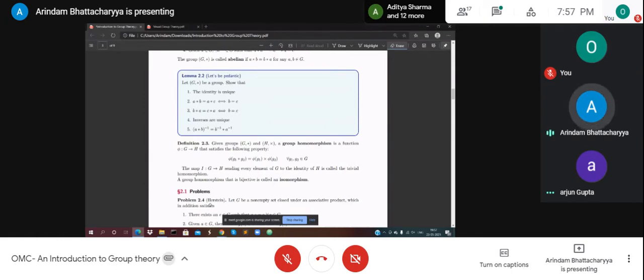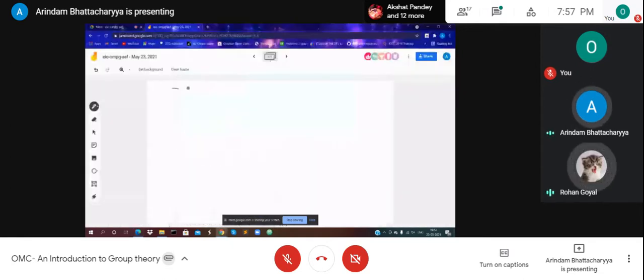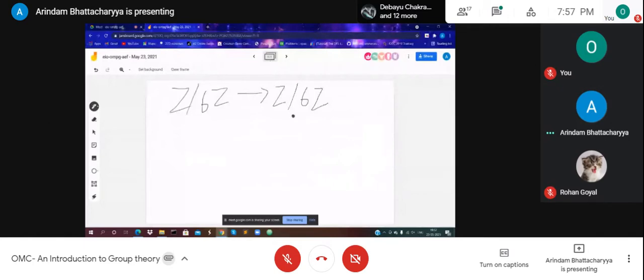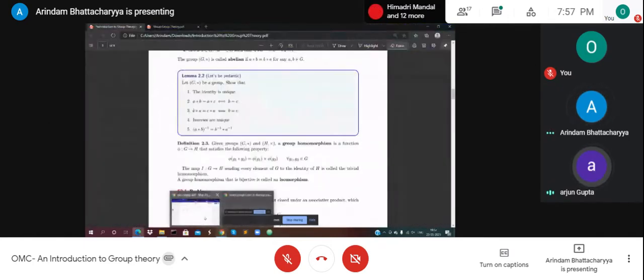Z mod nZ to Z mod nZ. So try for Z mod 6Z. But let's think of the problem: the number of isomorphisms from Z mod nZ to Z mod nZ. Which operation, multiplication, addition?